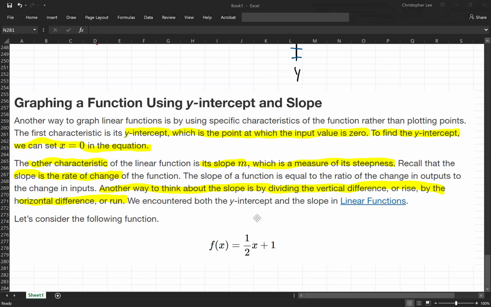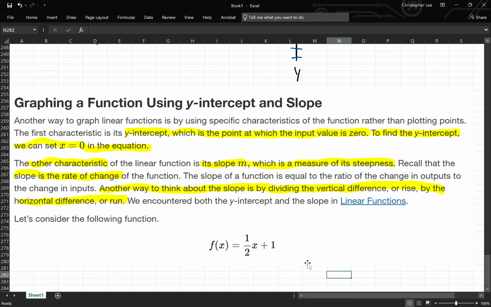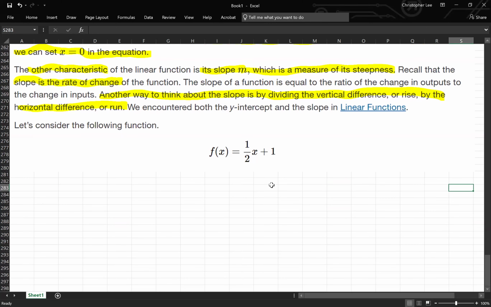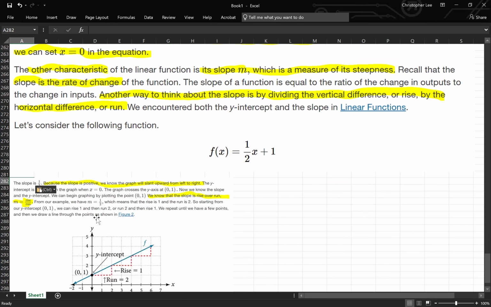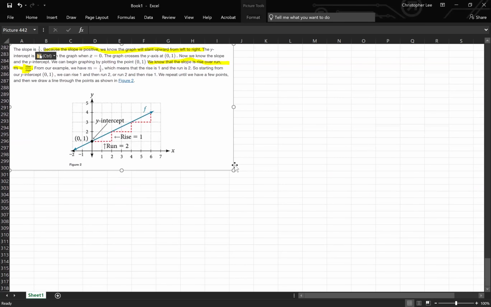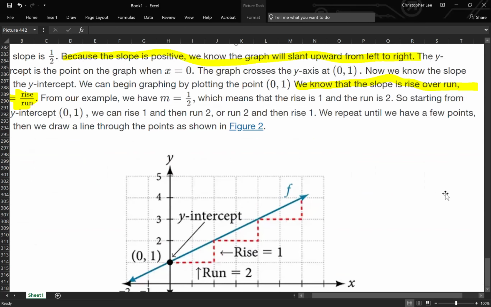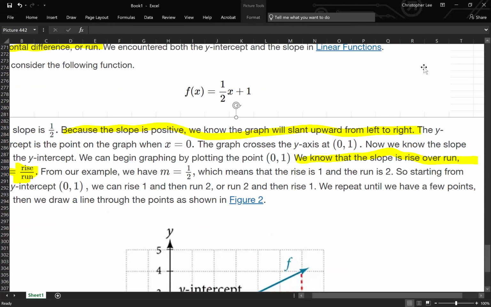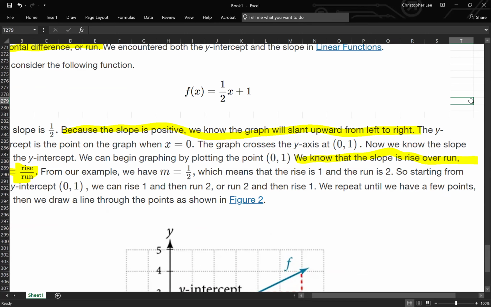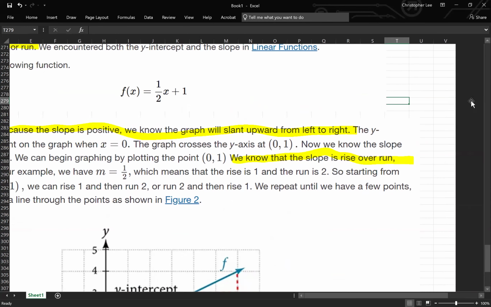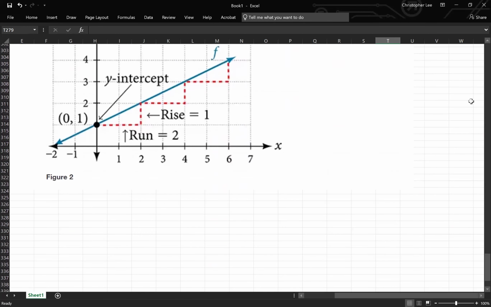All right, so slope. The slope is, hold on. So it's too big.